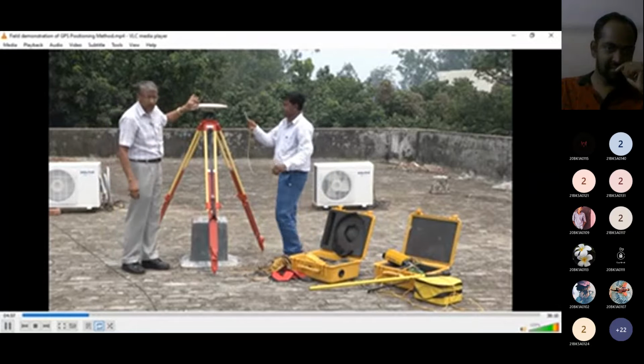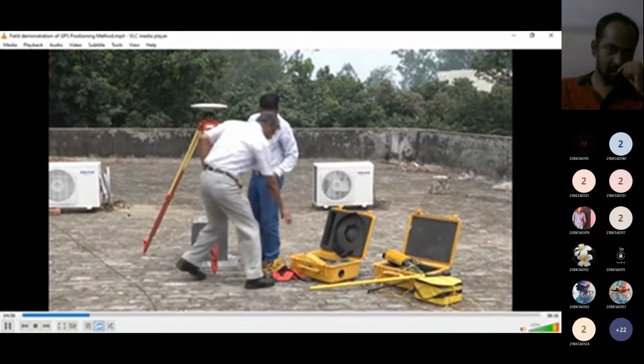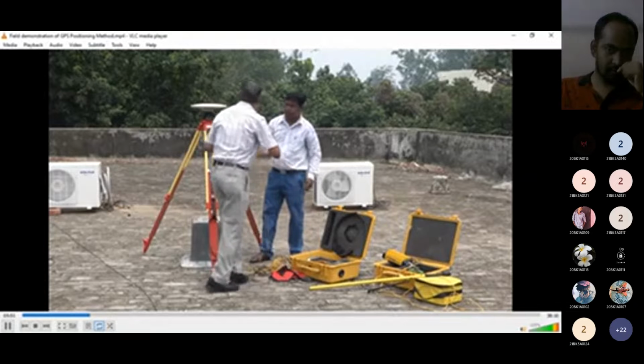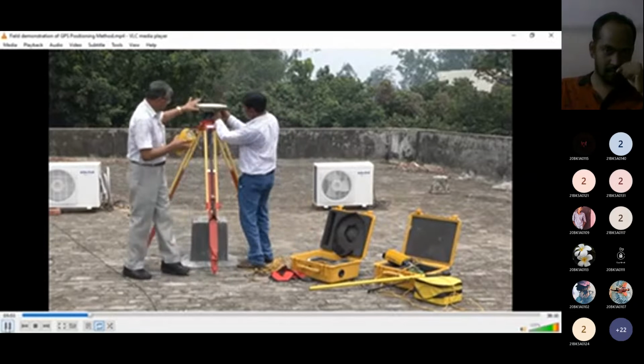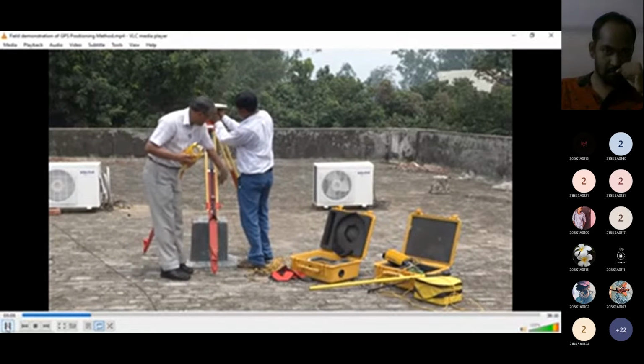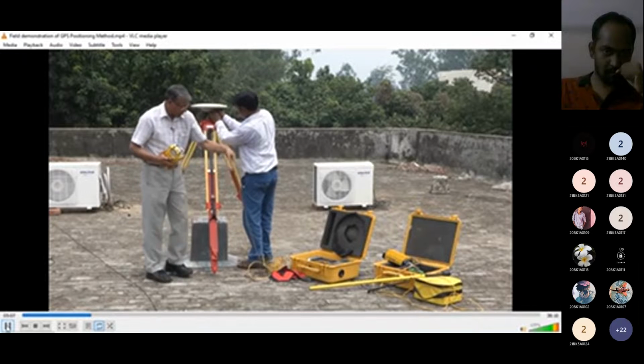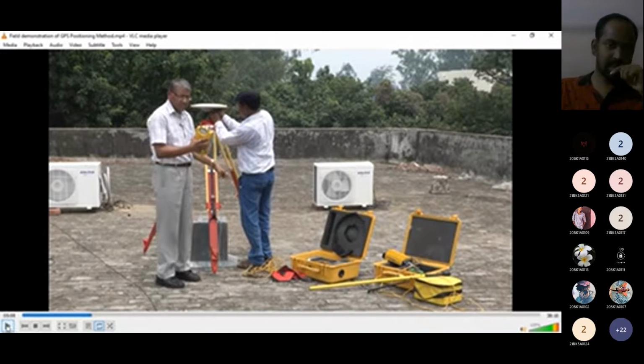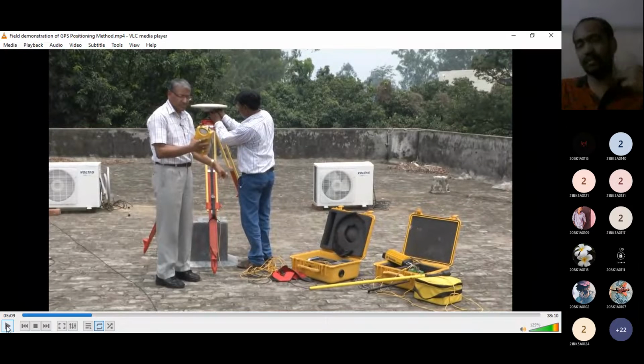Now we will connect our antenna with the GPS receiver. This antenna will be connected using this connector to this. See how they are connecting the antenna to the GPS receiver. In most cases, the antenna will collect the data from the satellites.